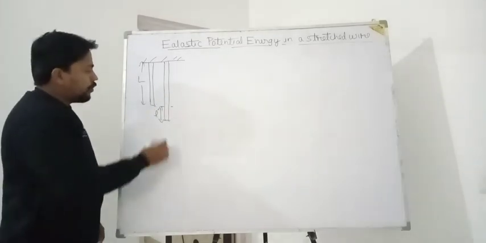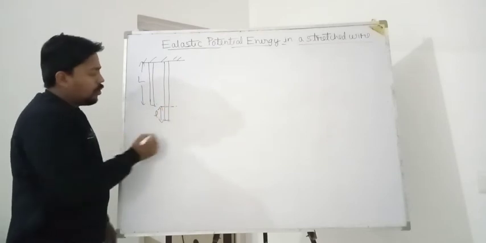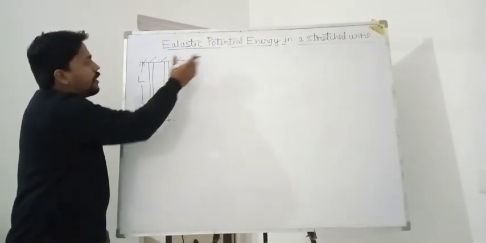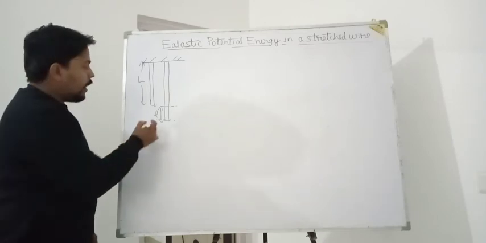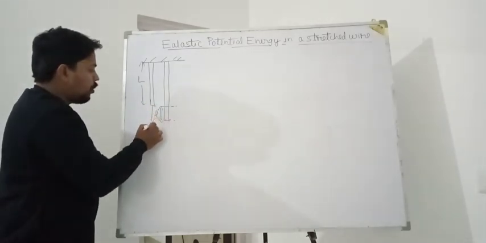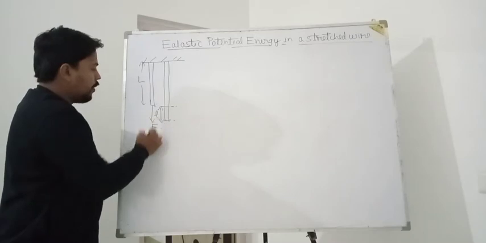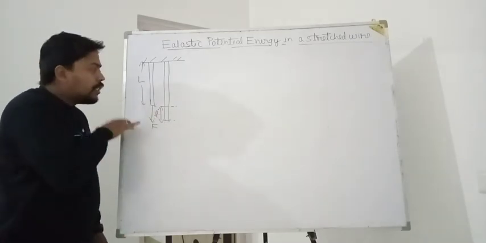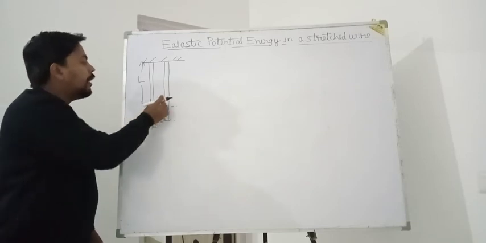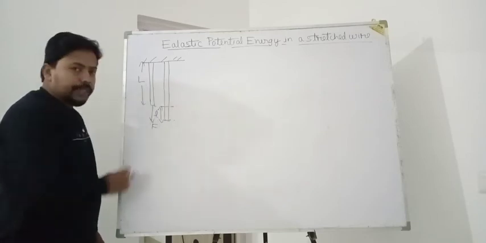Okay, so you can say in this case that we are doing some work. That means by application of this downward force, that is F, to extend that wire, I am doing some work against the intermolecular arrangements which are there.